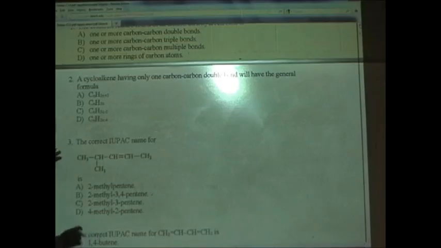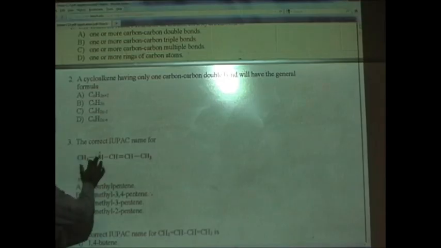What is the IUPAC name for this? Okay, how do you label it? You have to do it before that. Now, according to the IUPAC, for naming alkenes, which way is the longest chain?